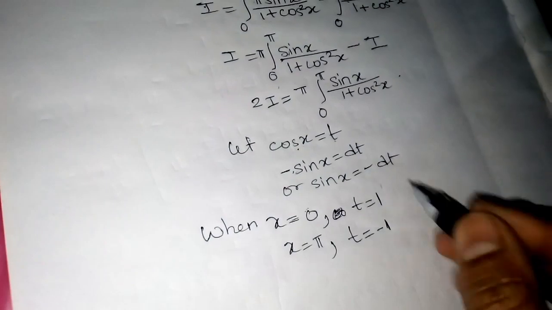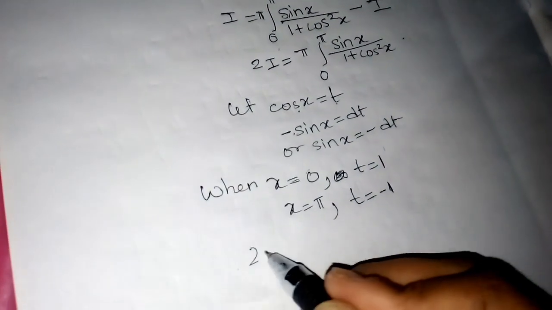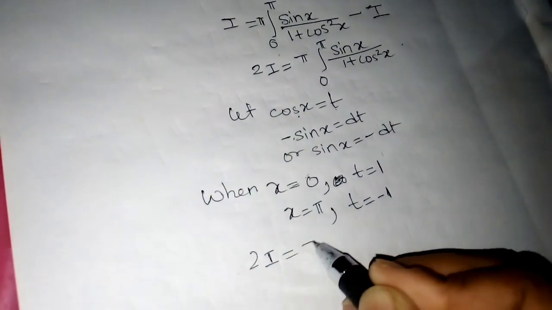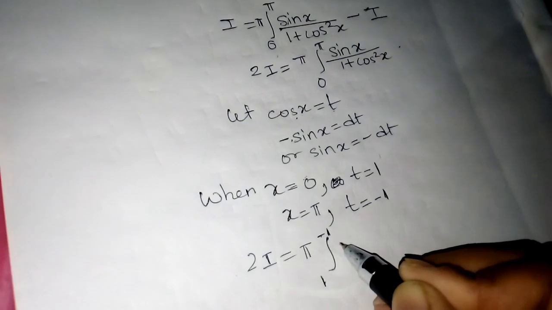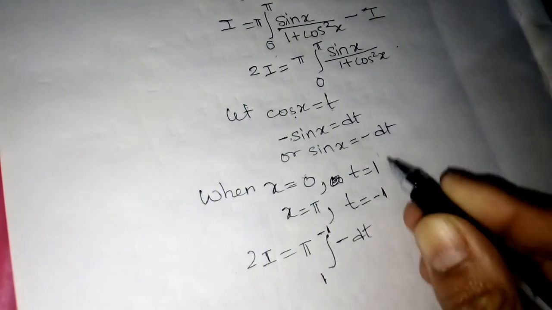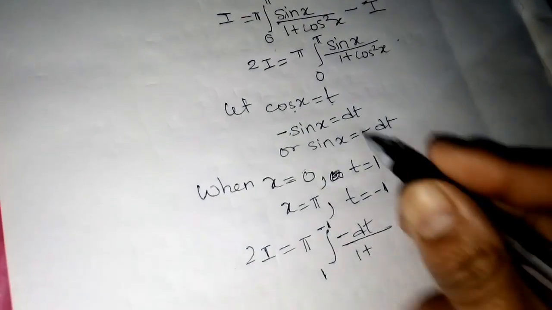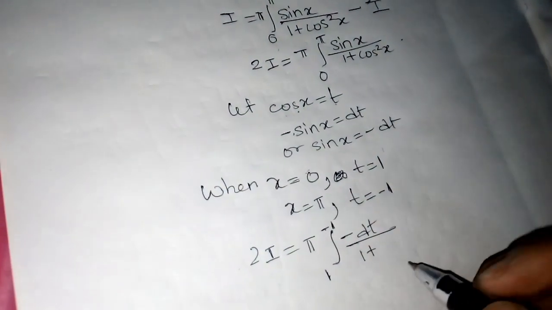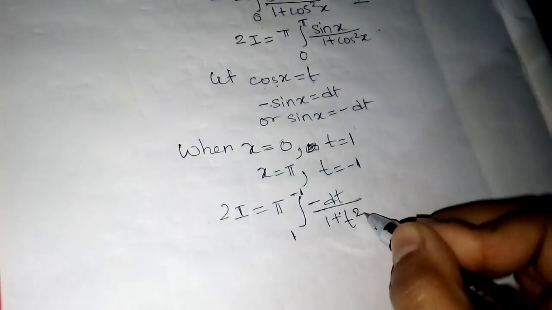We put these limits in place of the two limits. So we have 2I equals pi times the integration from 1 to minus 1 of minus dt upon 1 plus t square, since we considered cos x as t.